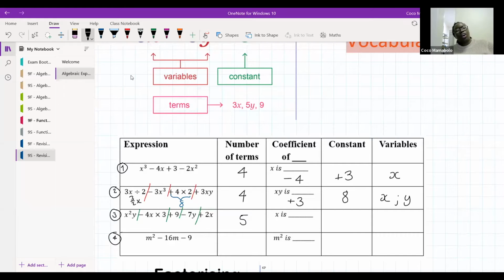Excellent. What is the coefficient of x, Tammy? And remember, there's some work to be done here. Don't just assume you know what the coefficient of x is. We need to do some work. Yes, ma'am. It's -2. Is it going to be -2? Ma'am, is it not -2? Because we have -4 and +2.